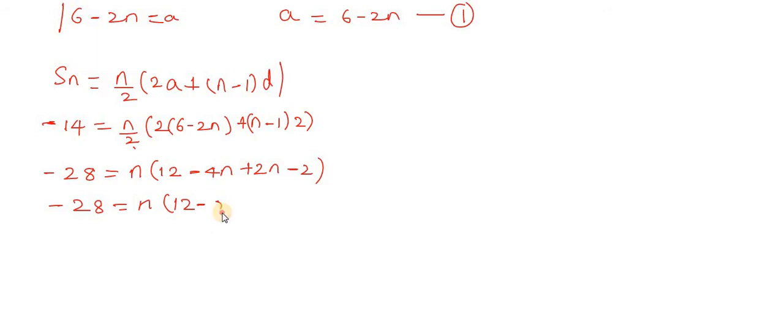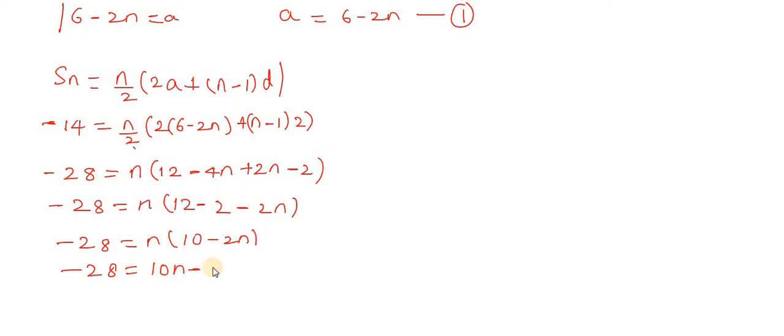Group the like terms: minus 4n plus 2n is minus 2n. So minus 28 is equal to n into 12 minus 2, which is 10, minus 2n. So minus 28 is equal to 10n minus 2n square.